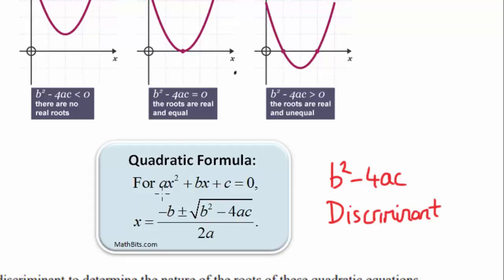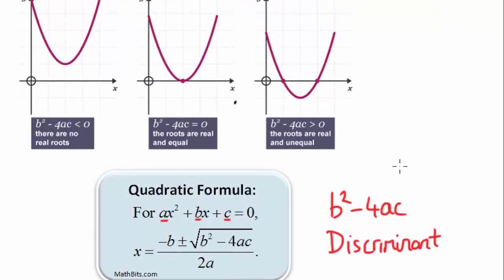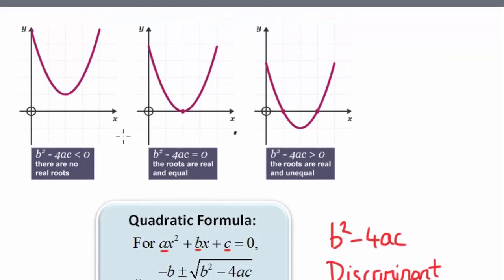It's based on if you see an equation in this form, you're basically putting these values in. That's the coefficient for x squared, that's the coefficient for x, and then the value c. You put it into this formula, and the rules are, if the number that you get is less than 0, we can say that this quadratic doesn't have any real roots, essentially meaning it doesn't cut through the x-axis anywhere.